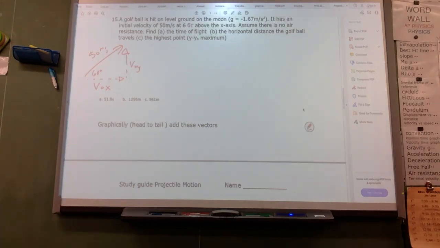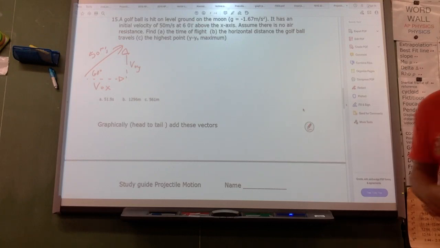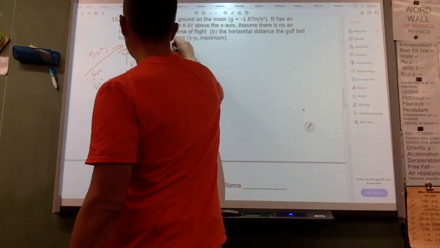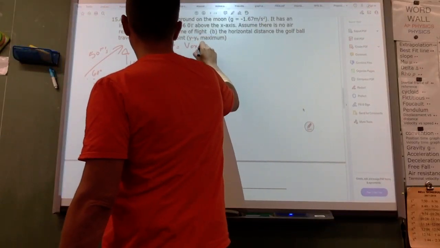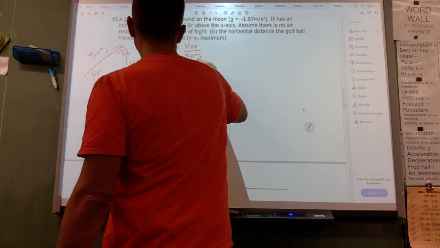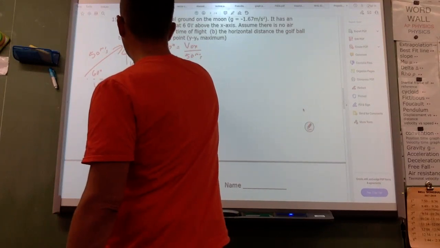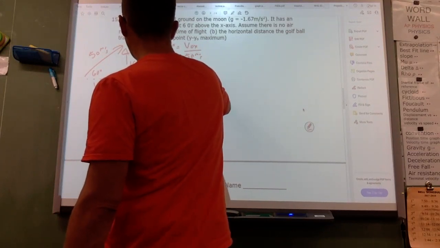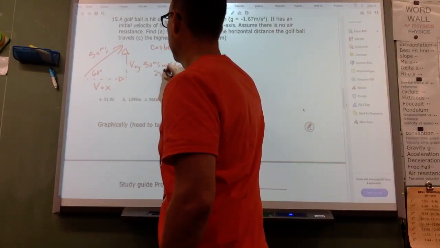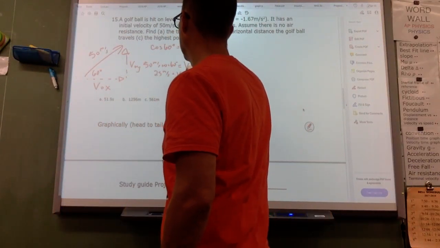And now I'm just going to use trig to solve. So I'm going to say that cosine of 60 is going to be V naught x over 50. V naught x is going to be 50 cosine 60, which is going to be 25 meters per second.